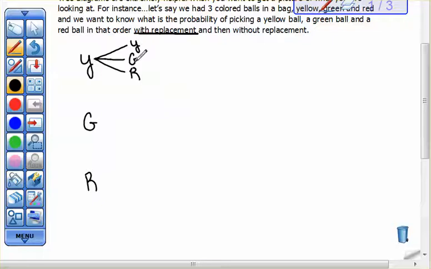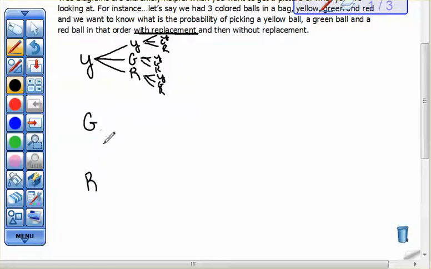Now, depending on which one I pull out, I'm going to put it back in the bag, and then I'd have the possibility of a yellow, green, or red again. What this does is it helps you to figure out the sample space of all of the different possibilities. So far, we have 1, 2, 3, 4, 5, 6, 7, 8, 9 possibilities in just this first scenario.